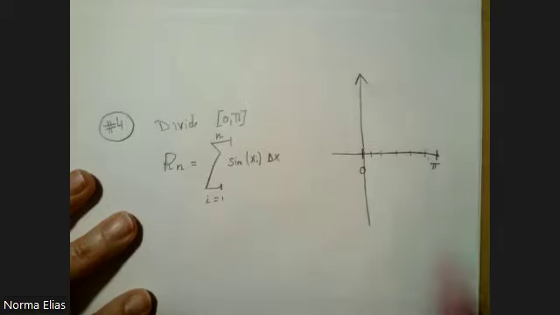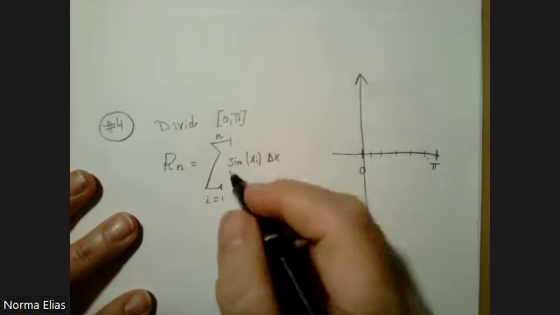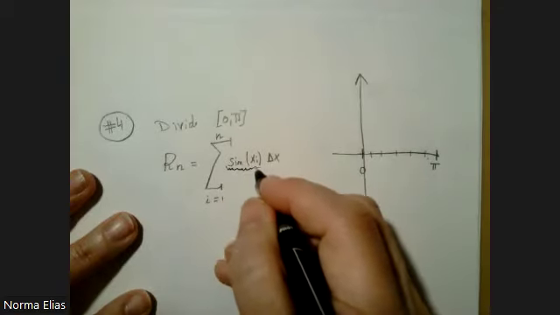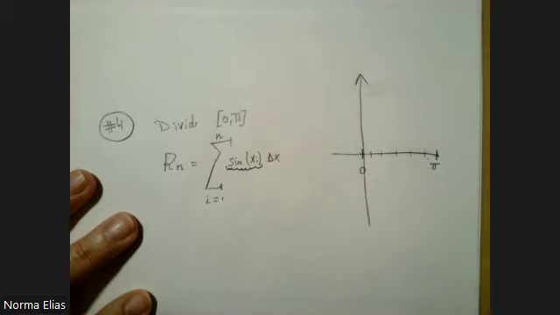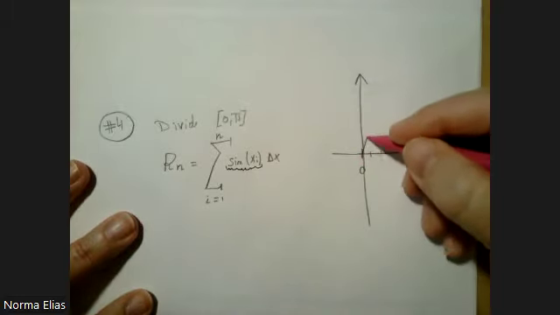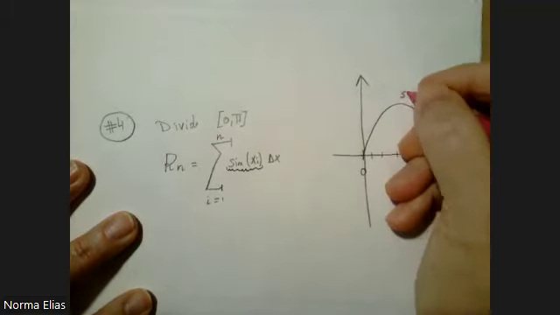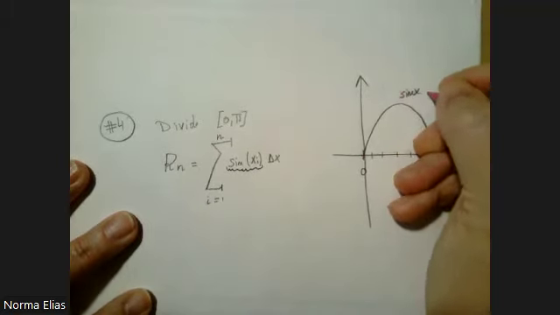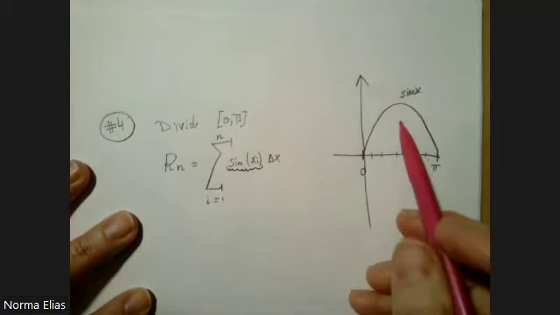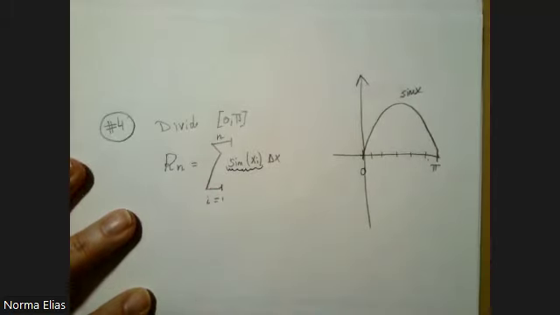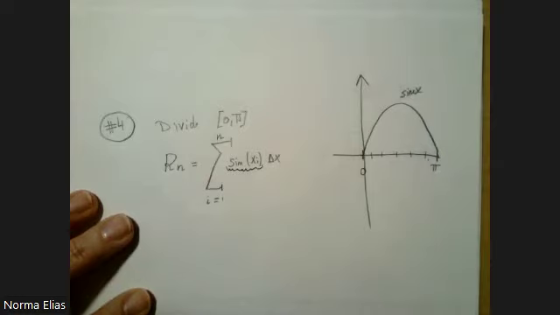And this is a Riemann sum for which function? That's the Riemann sum for the function sine x. So I'm taking the sine x function, and what I'm taking is the Riemann sum for that function. Are you with me so far?